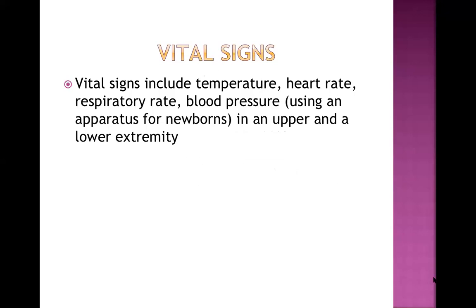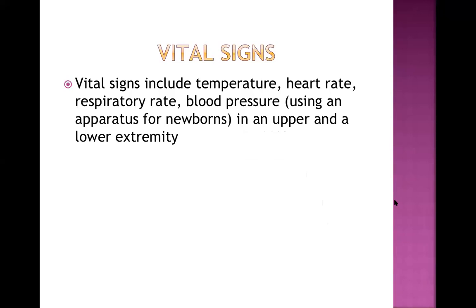Now, after the Apgar score, let's talk about the vital signs in the newborn. What are the important vital signs and what are the normal ranges? The vital signs include temperature, heart rate, respiratory rate, and blood pressure. We should use appropriate apparatus for the newborn, meaning an appropriate cuff.